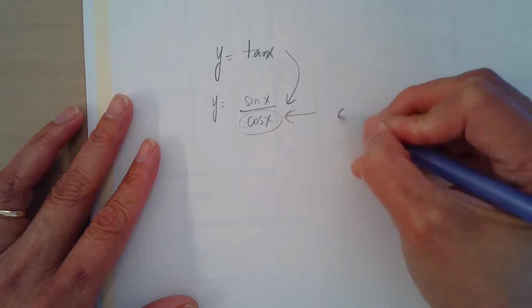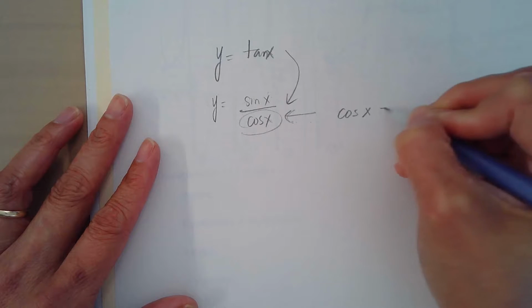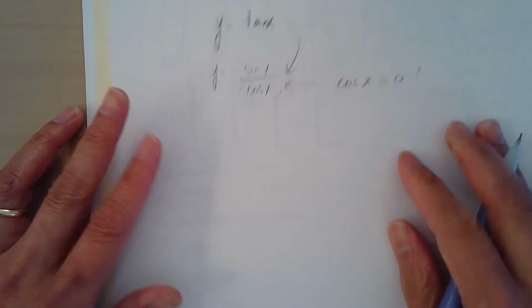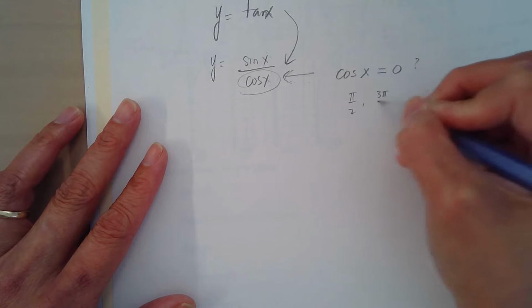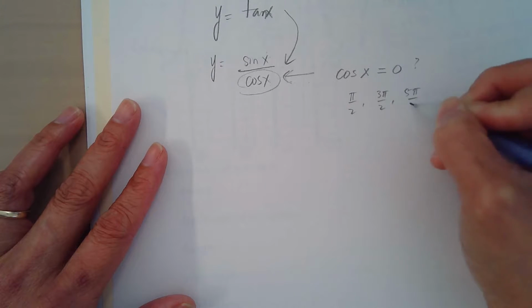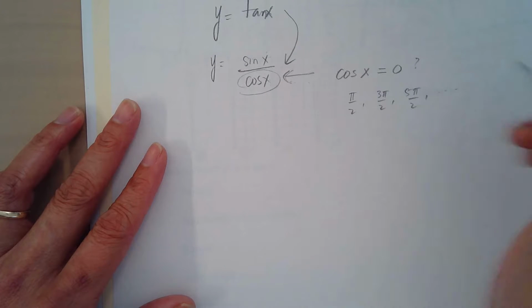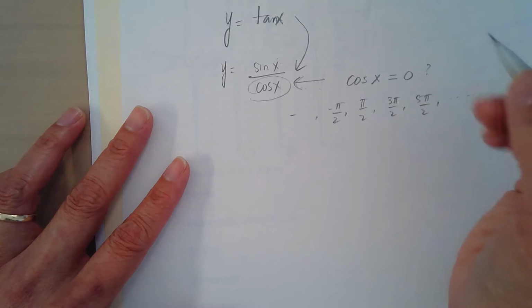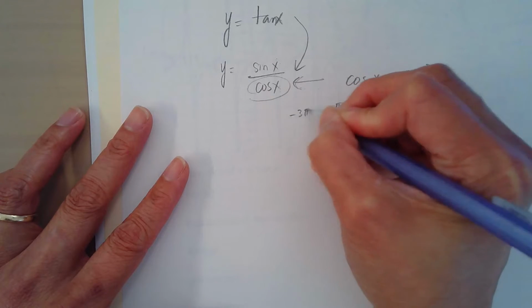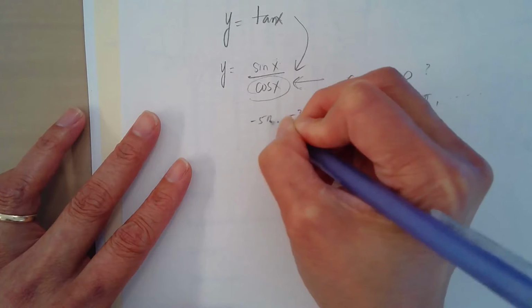Okay, so where is cos of x equal to 0? Pi halves, 3 pi halves, 5 pi halves, and so on. Negative pi halves, negative 3 pi halves, negative 5 pi halves.